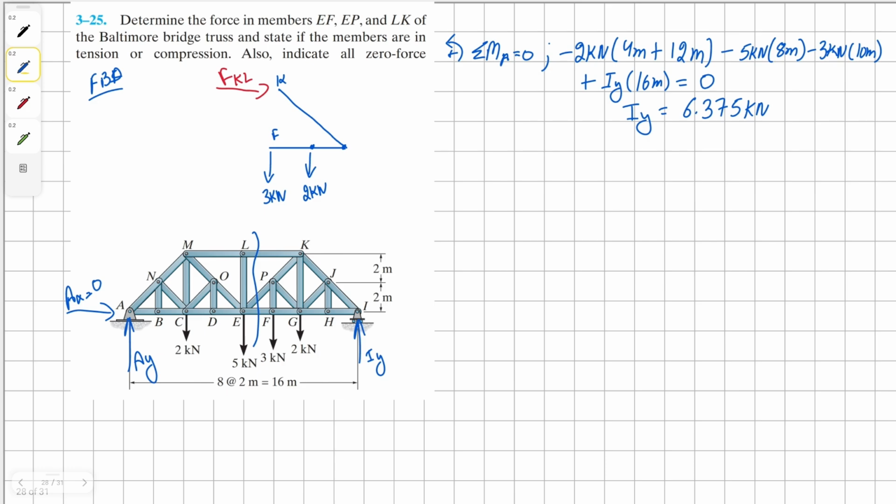And then we have a member extending vertically till point P, and at P we're going to have our diagonal reaction force, force PE, and we have horizontal reaction force, force EF.